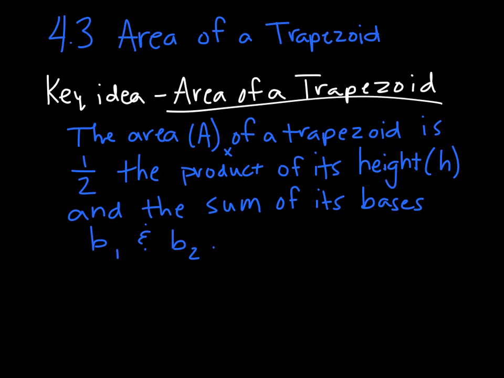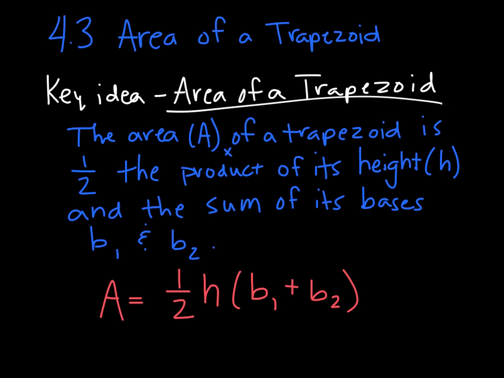So it would look like this as a formula. A equals 1/2, because it's 1/2 the product of h, its height, and the sum of its bases, base 1 and base 2. So it would look like this: B1 plus B2.